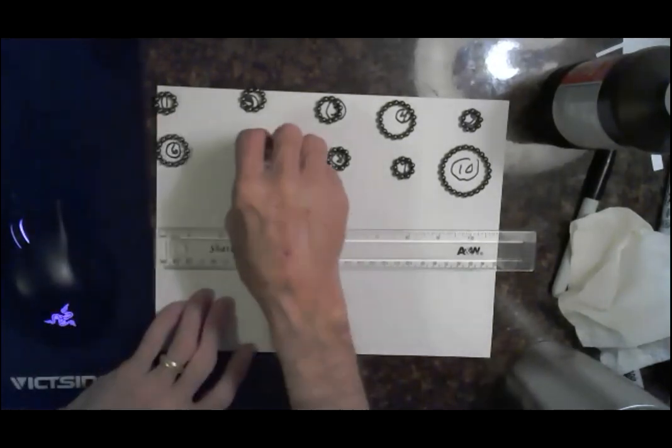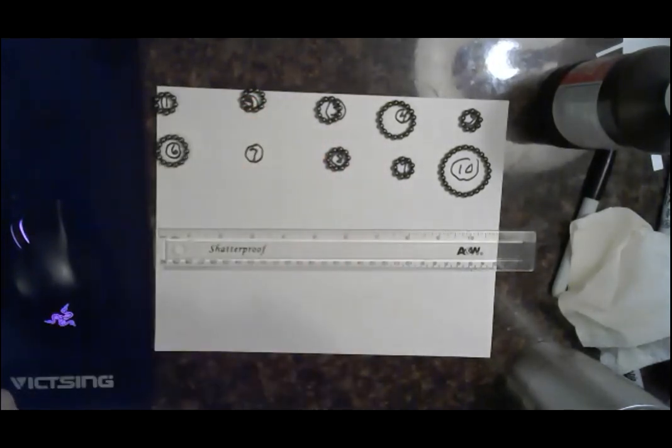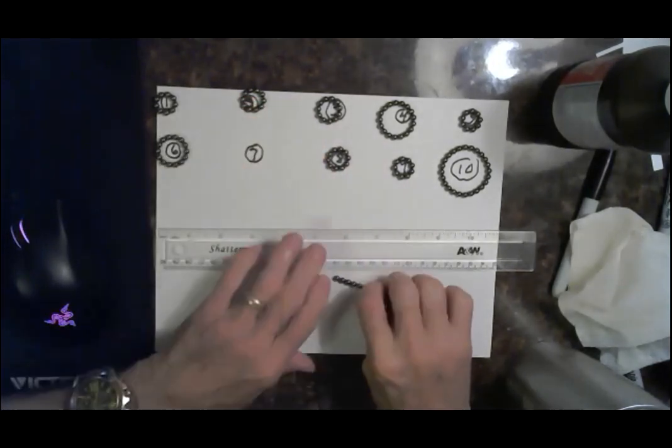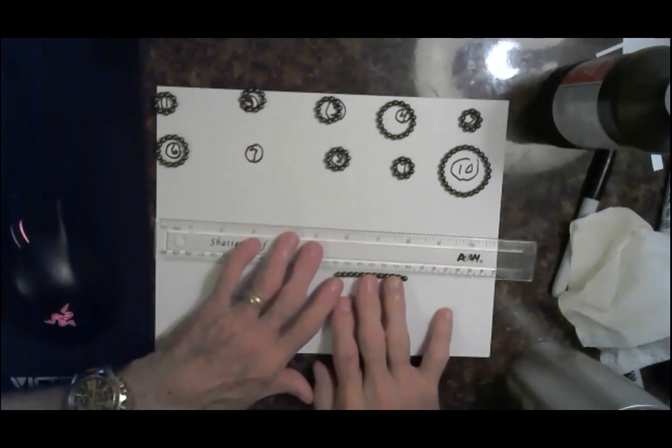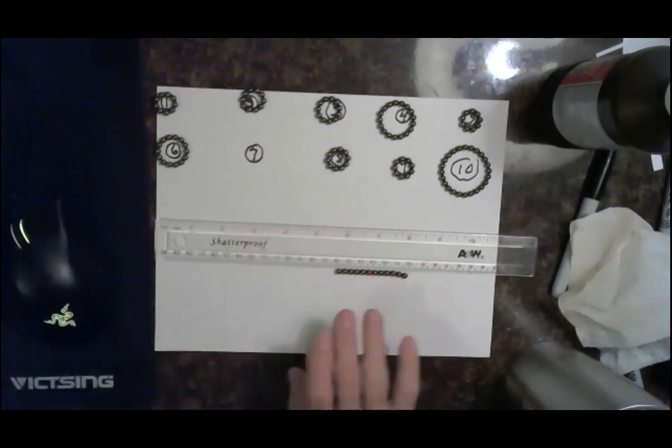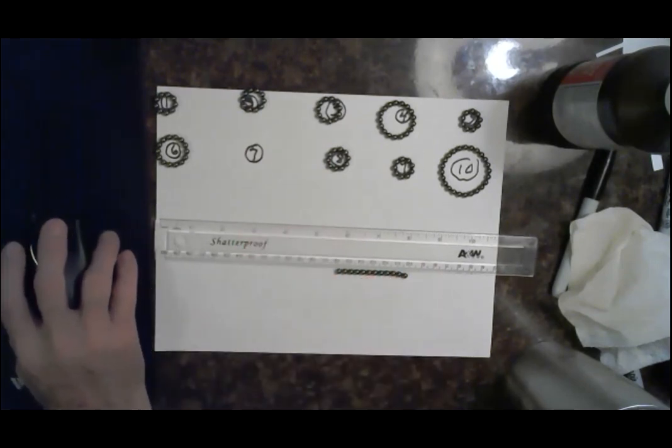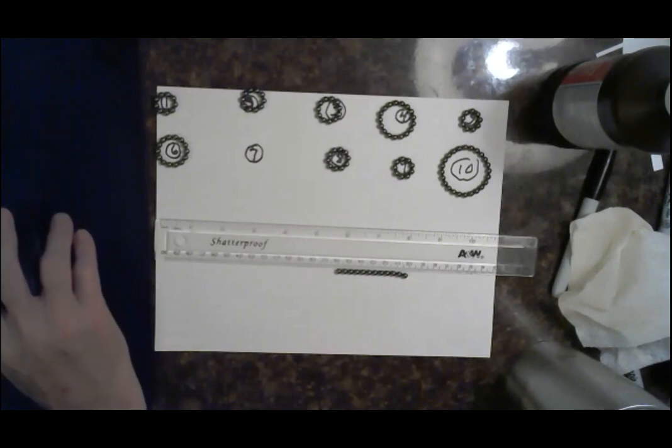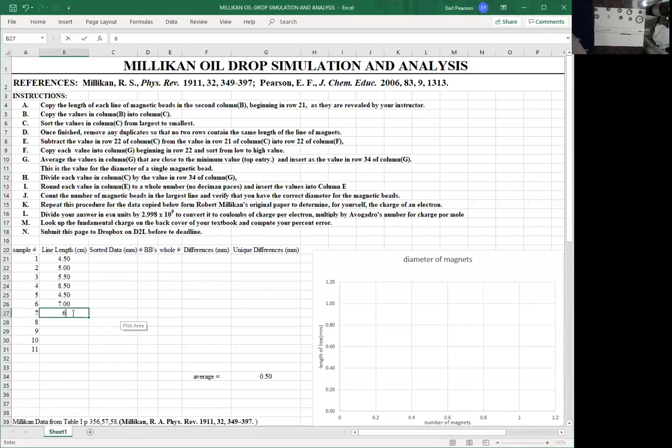Okay, and now we get number 7. And let's see how long it is. Number 7 is exactly 6 centimeters long. So go here. And number 7 is 6 centimeters long.